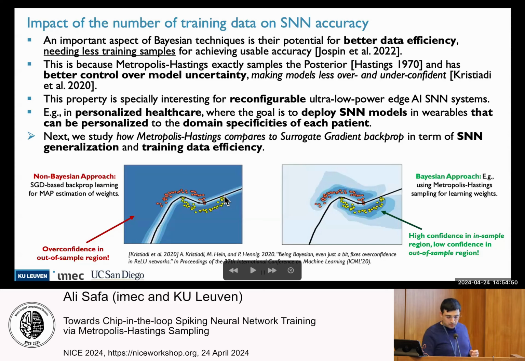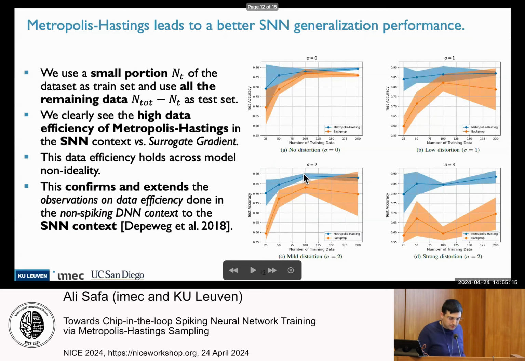But the authors showed that when you use a Bayesian learning technique, such as incremental Bayesian learning, the confidence of the neural network is high in the places where it has seen training data, but more moderated outside. This is often argued to be an indication that they do a better job at balancing overfitting and underfitting, and therefore lead to better data efficiency.